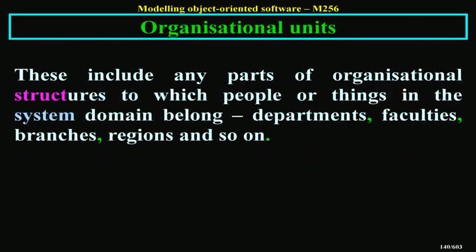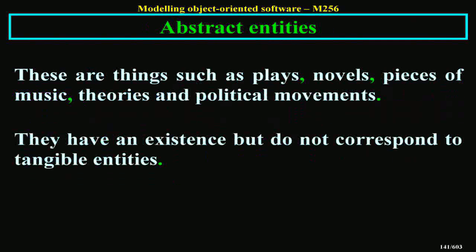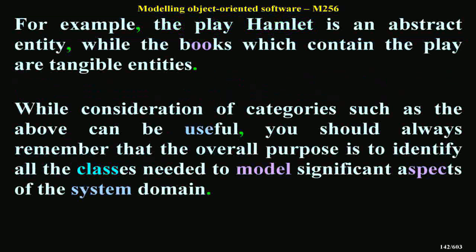These include any parts of organizational structures to which people or things in the system domain belong: departments, faculties, branches, regions and so on. Abstract entities. These are things such as plays, novels, pieces of music, theories and political movements. They have an existence but do not correspond to tangible entities. For example, the play Hamlet is an abstract entity, while the books which contain the play are tangible entities.